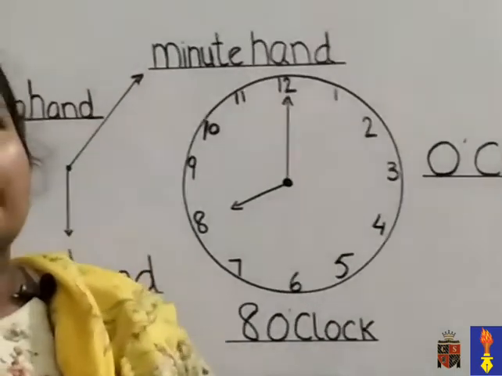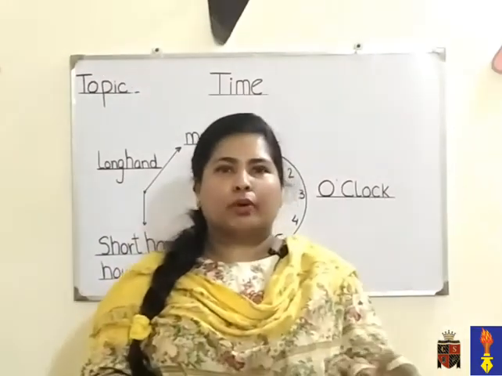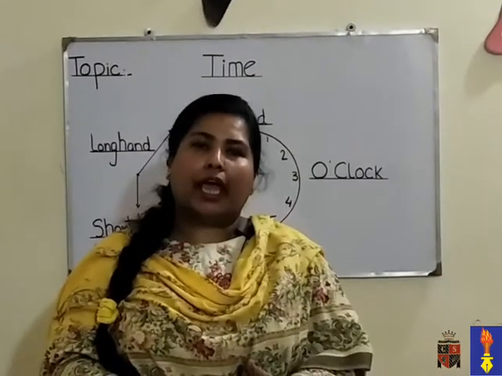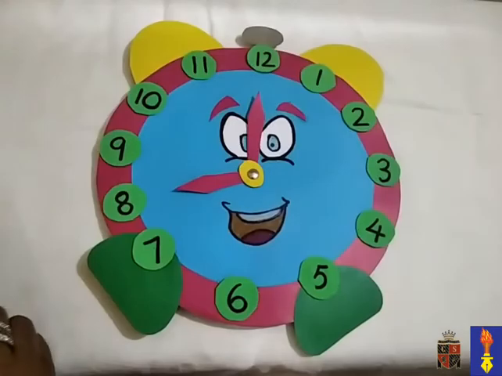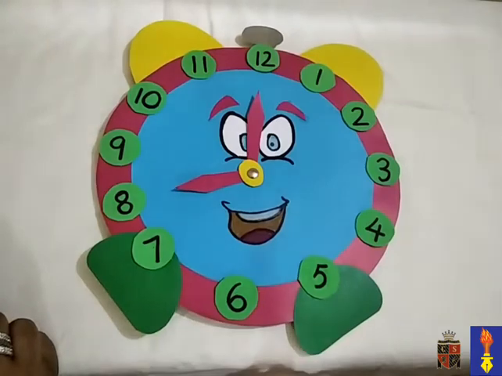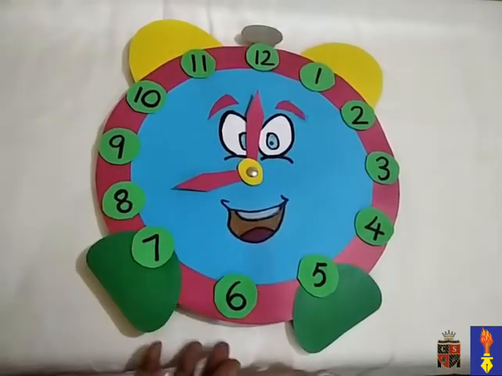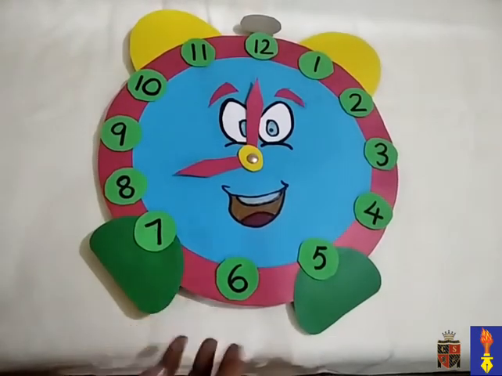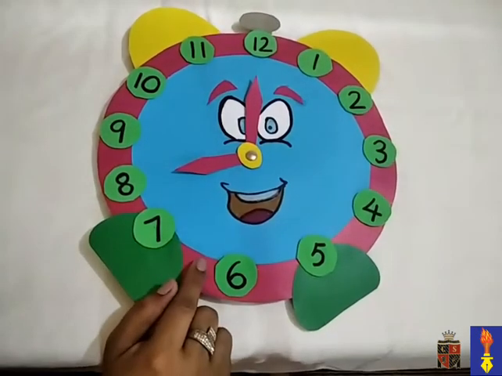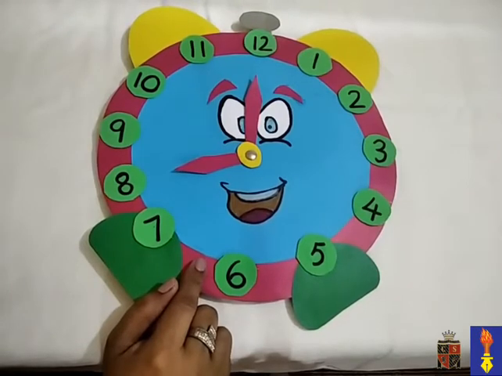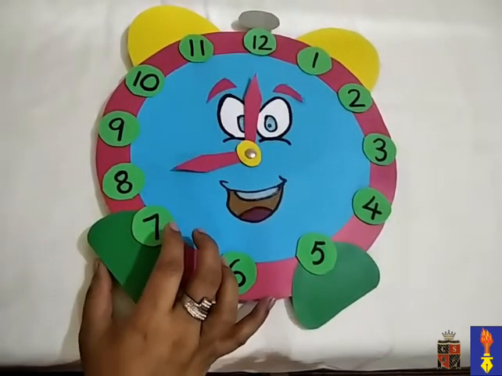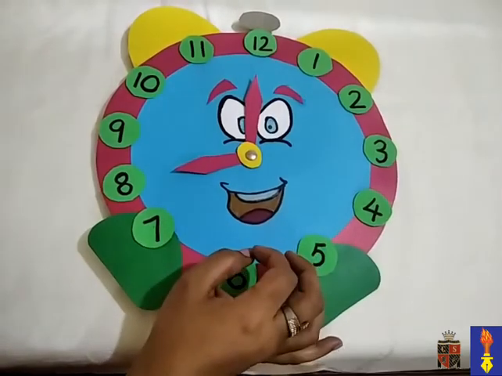Okay students, now we will learn more about time through an activity and from your book. Here you can see a beautiful clock. Isn't it a beautiful clock? Yes, it's a very beautiful and smiling clock.